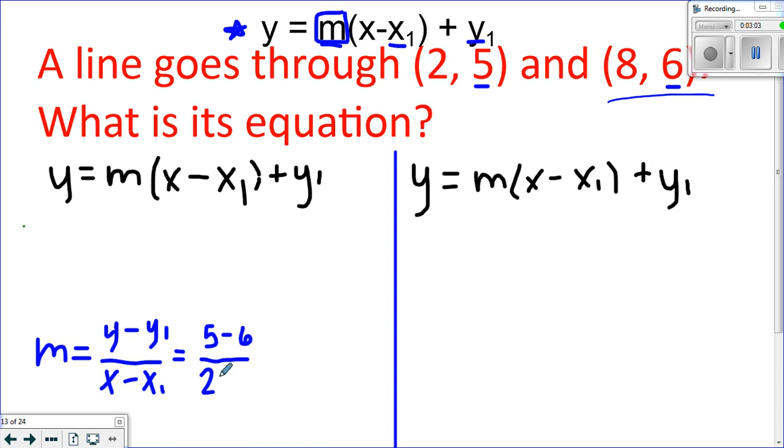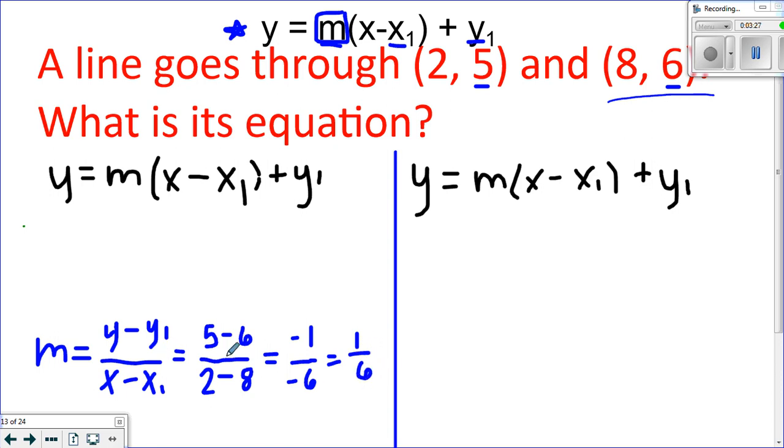So I have 2 minus, right here, 8. Which means our slope is 5 minus 6 is negative 1. And 2 minus 8 is negative 6. A negative divided by a negative is going to give me a positive slope. So I have a slope of 1/6.